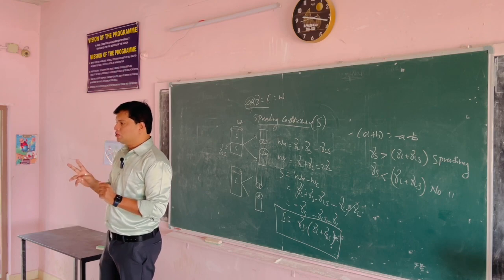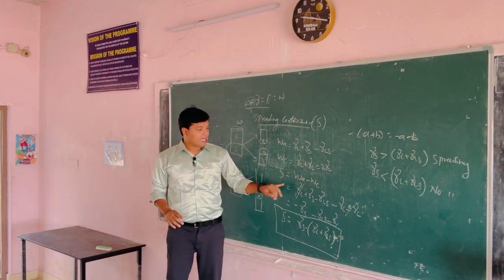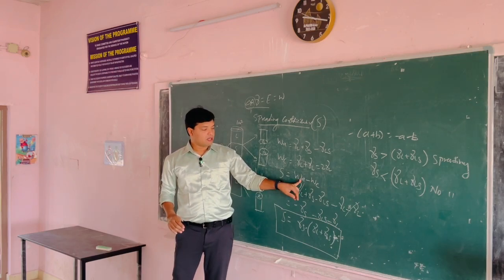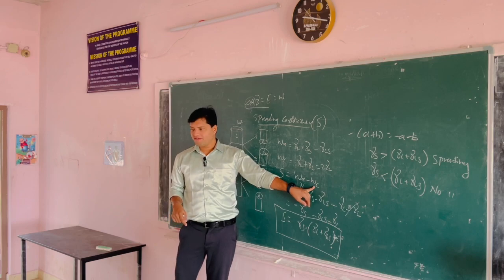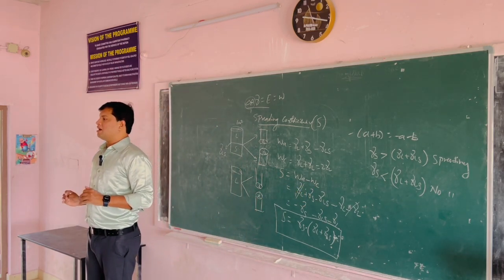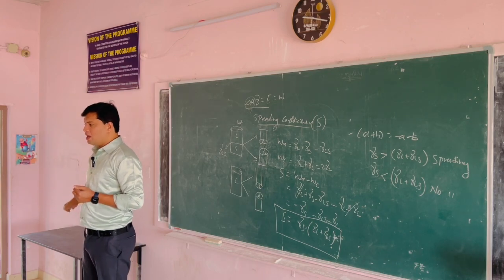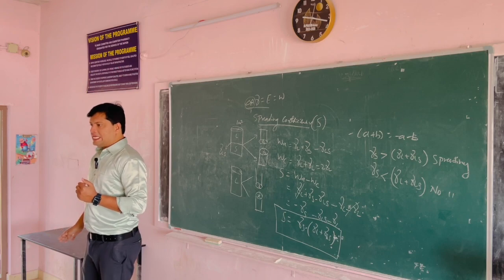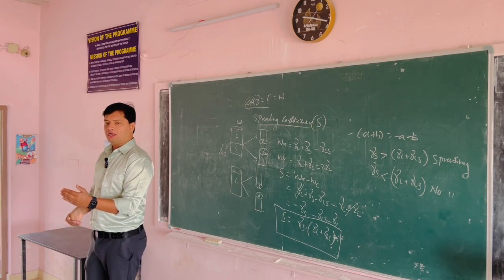Either I should increase work of adhesion, or I should decrease work of cohesion. Two things I can do. I can increase the adhesive forces, or I can decrease the cohesive forces. Increasing the adhesive forces is done by incorporating polar groups.